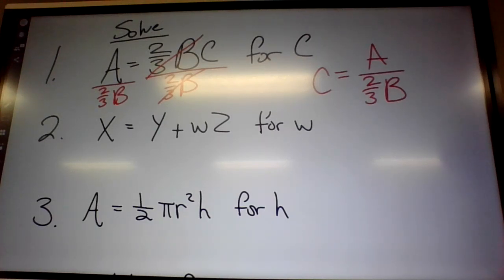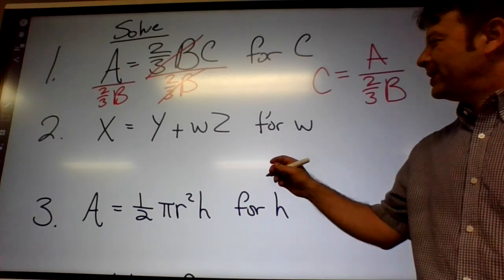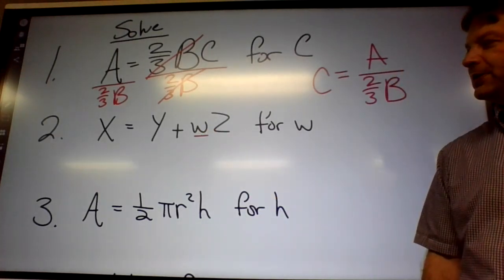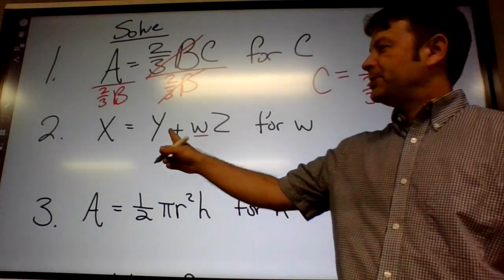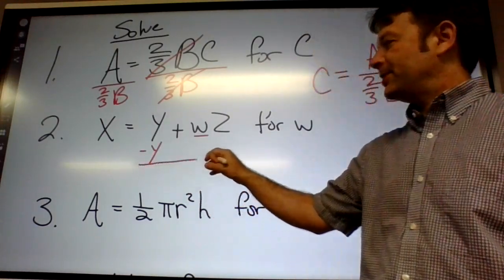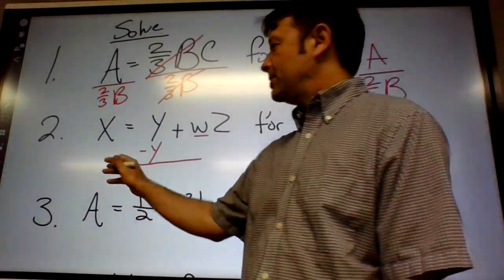All right, anyways, we got W on this one, so how do I get W by itself here? Subtract Y. Subtract first. When you're solving a problem, you always get rid of the added value first, right? And then you divide.